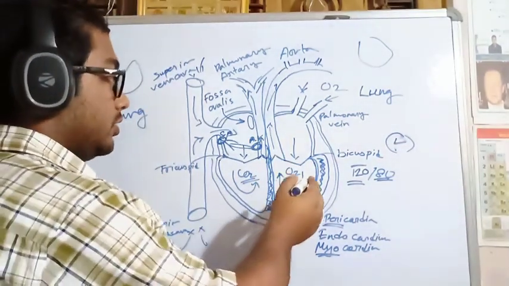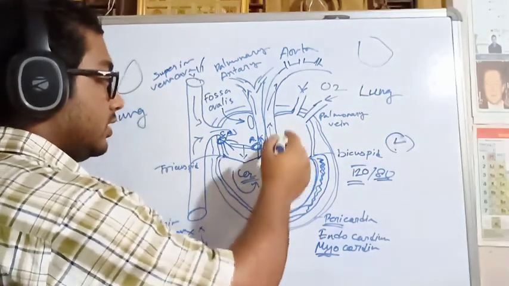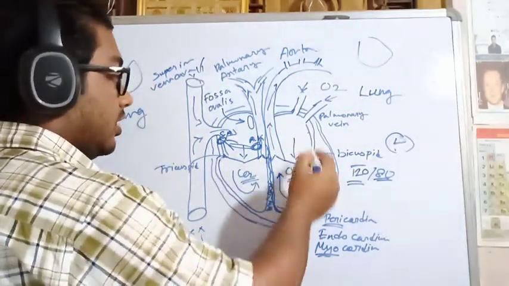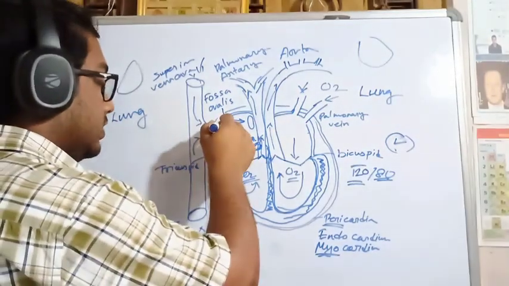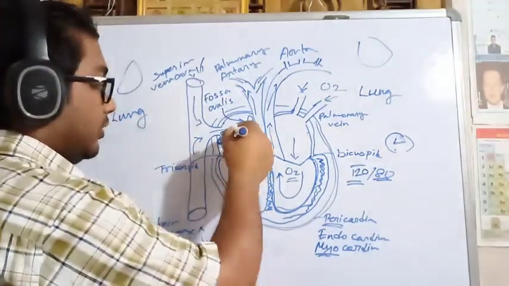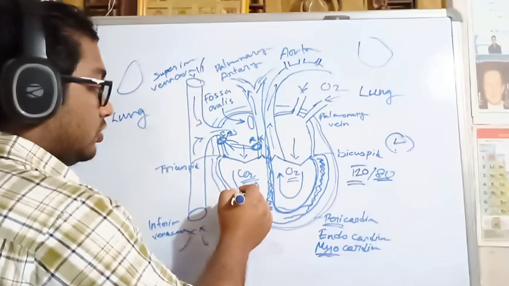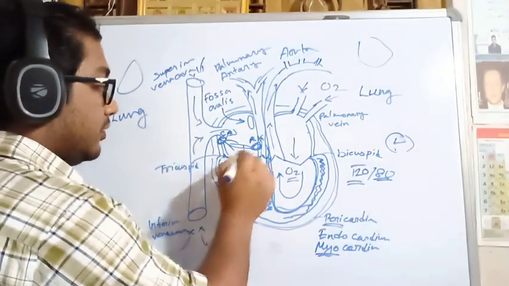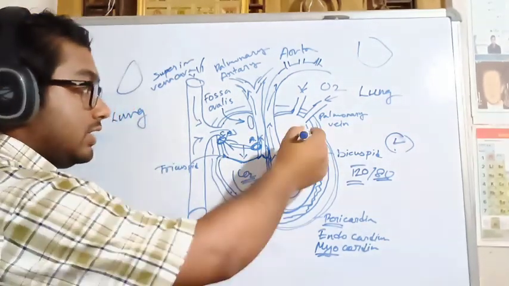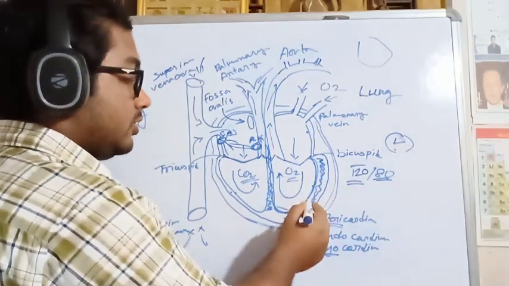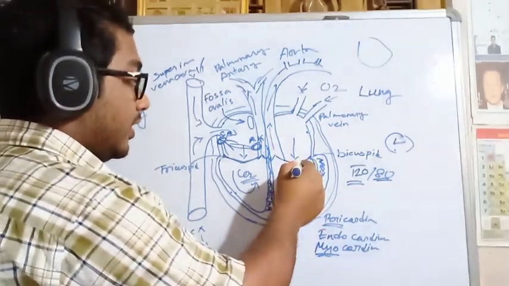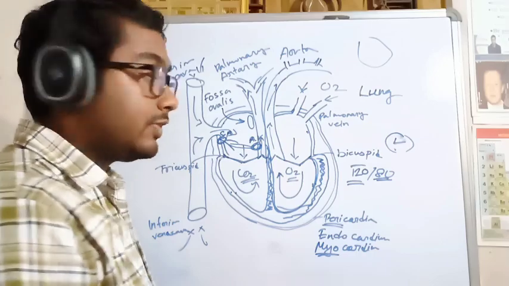First, our heart has four chambers: the left atrium, left ventricle, right ventricle, and right atrium. Between the right atrium and right ventricle, the tricuspid valve is present, and between the left atrium and left ventricle, the bicuspid valve is present.